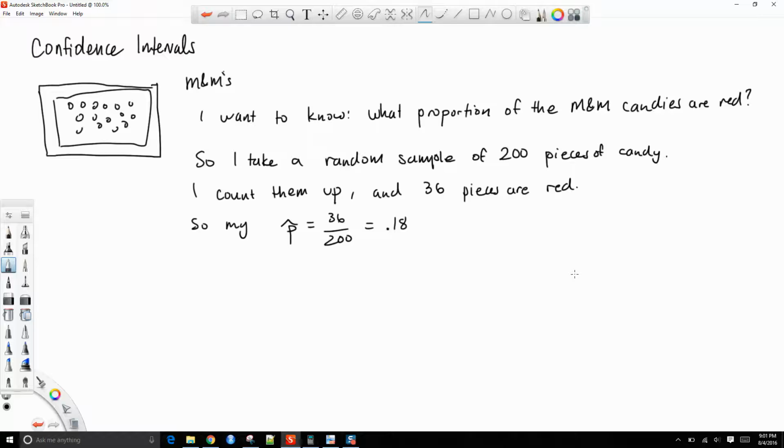Based on this, what can I say about the proportion that exists in the tank, the p? Based on my p hat, what can I say about p?